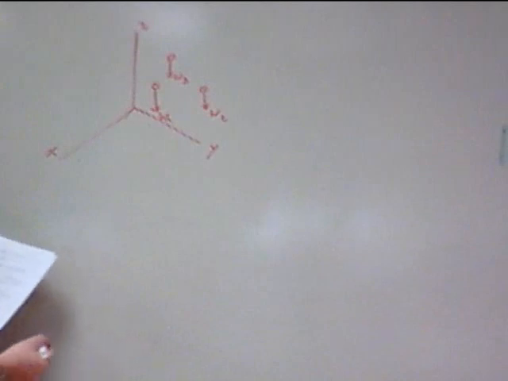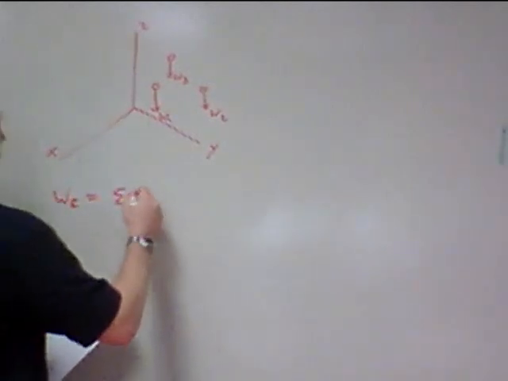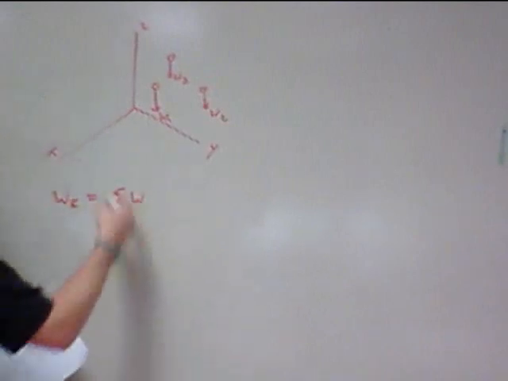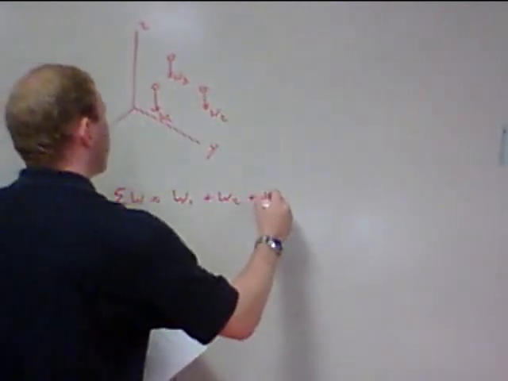The resultant weight is simply the sum of the 3 individual weights, W1 plus W2 plus W3.